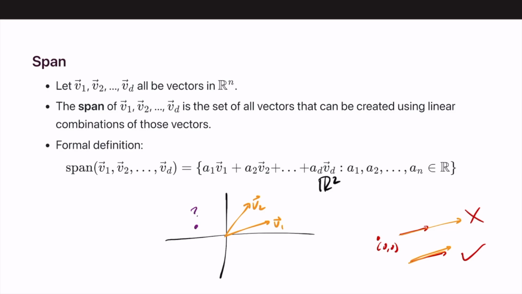Well, we could take v1 and multiply it by the scalar -2, and then add v2. So this would be -2 v1 plus v2 equals our mystery point.